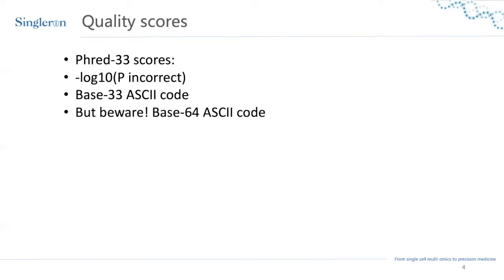What that means is that you take your quality score, let's say you scored a 0, you add 33 to that, and then you convert that to an ASCII. So ASCII is just every letter, every number, whatever you type on your computer has an ASCII conversion. So you get kind of a code which is translated into a letter or a number.